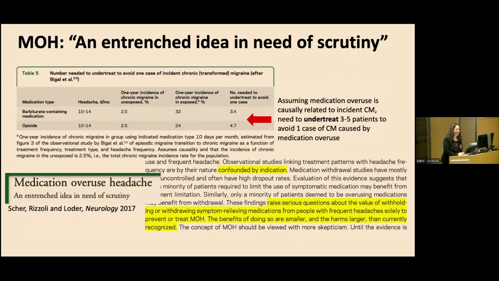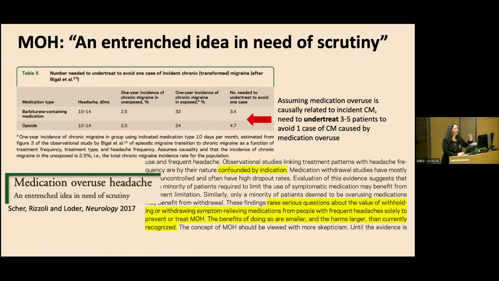And even if we assume causality, so association is not causality, but even if we assume that the use of the acute medications is causally related to driving up the headache frequency, and even if we take the most likely culprit medications, benzodiazepines and barbiturates and opioids, you would have to undertreat between 3 and 5 patients to prevent one case of new chronic migraine from too frequent use of those medications.